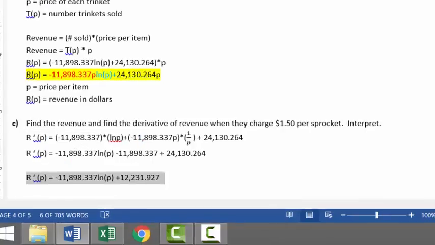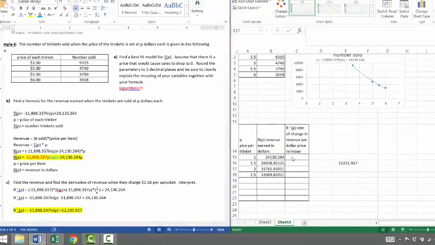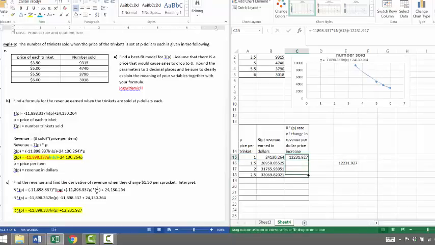I'll put that in bright yellow there. All right, and I'm going to add that to my input-output table. The r prime of p equals negative 11,898.337 times ln of p plus 12,231.927. Drag that down. All right, now we have our input-output table.